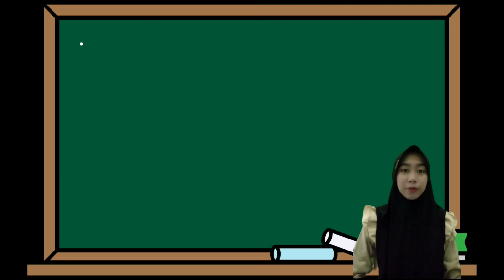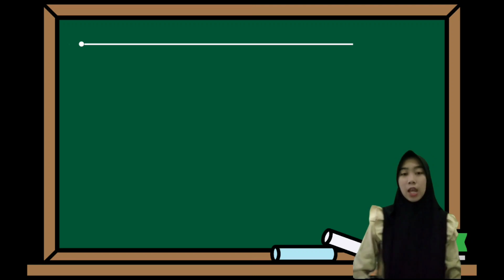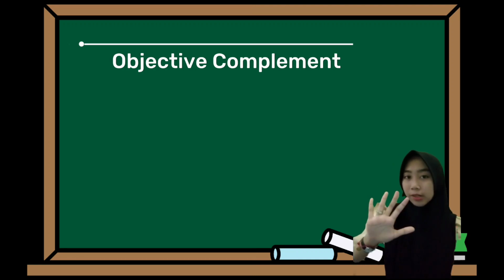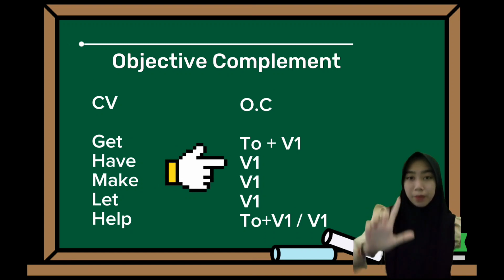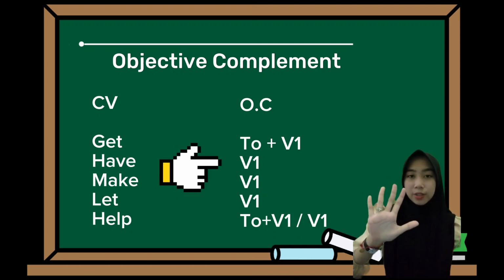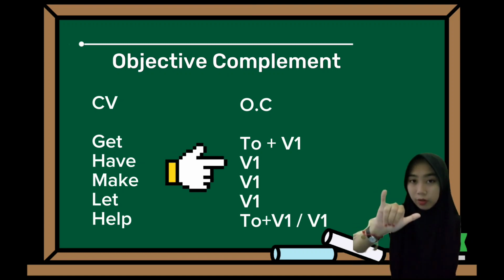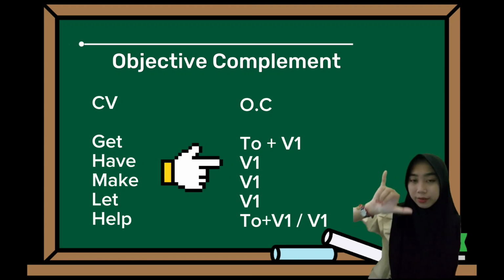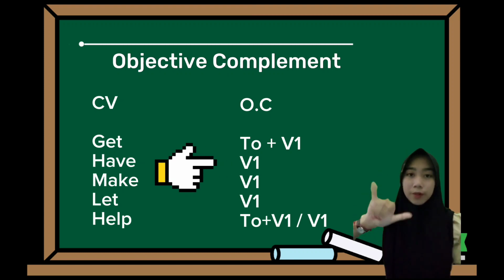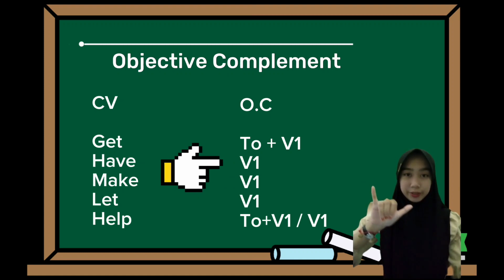As we remember before, we use the mnemonic or jembatan keledai to memorize the causative verbs. There are 5. Do you remember? Get, have, make, let, and help. Ke, ha, ma, le, he. So we can fold our fingers like so, like we pick up the phone, and this is how to remember the objective complement regulation.